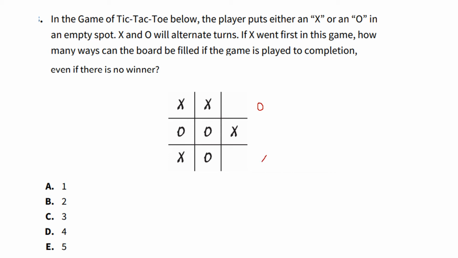This is one way the board will be filled, right? Or maybe he will play the O here, and so the X will be here, and he will win. I don't think there are other ways for the board to be filled, right? So the answer must be two ways only.